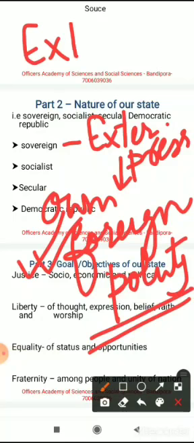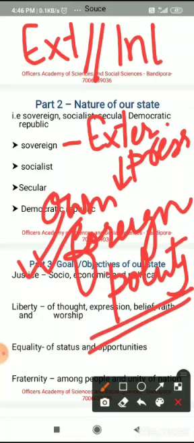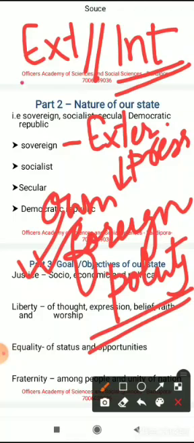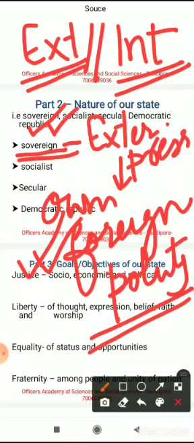We have the capacity to take all the decisions of our country, both external and internal. We are sovereign. Our foreign policy is decided by our parliament. So this is what we mean by sovereignty, or by being a sovereign state.